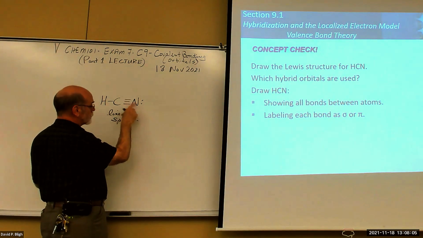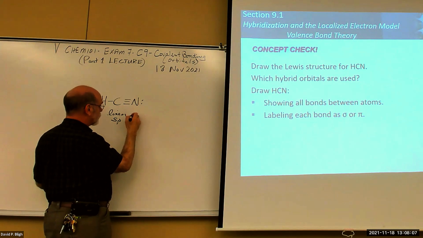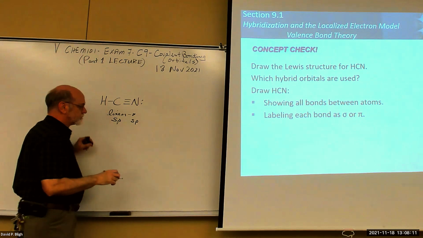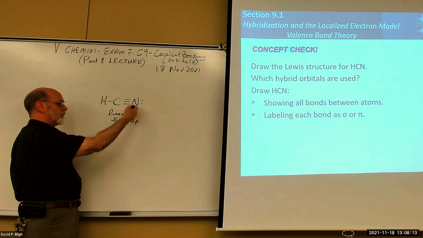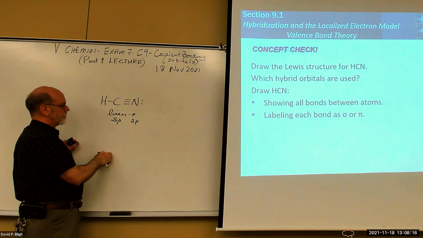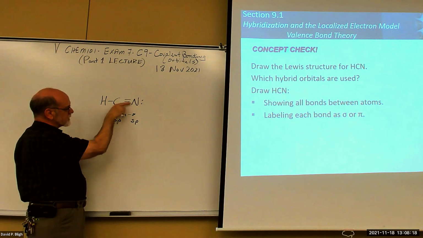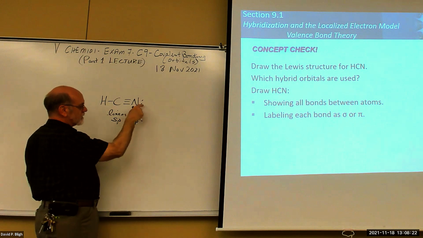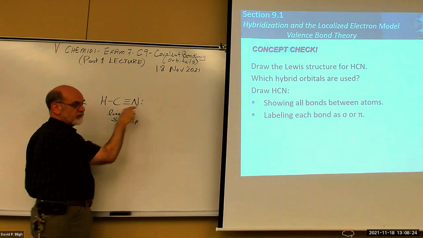Around this one, you've got 2 groups, which is linear also, and it's sp hybridized. So one sp orbital makes a sigma this way. Both of the sp orbitals make a sigma that way and a sigma this way on carbon. And the other sp orbital is occupied by a lone pair.